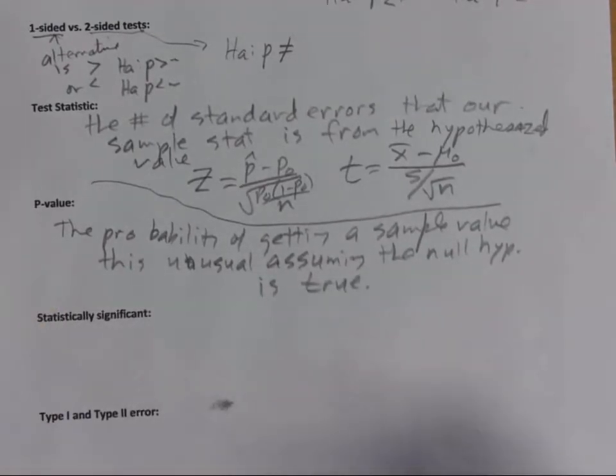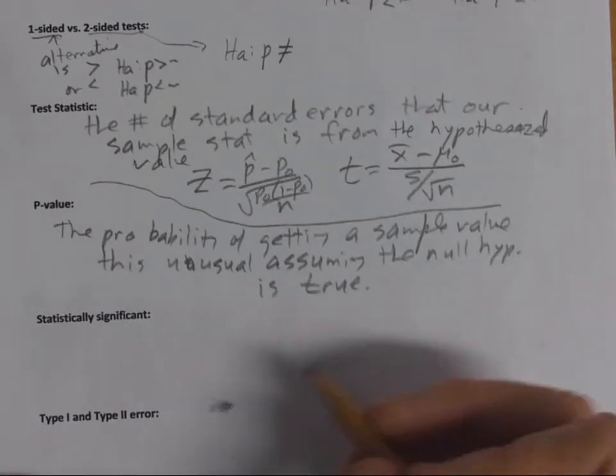So it is a conditional probability. Given that the null is true, it's the probability we're going to get a sample value this unusual. If the p-value is really low, in other words, if this sample value is really unlikely assuming the null is true, it gives us evidence to reject the null and have convincing evidence for the alternative.